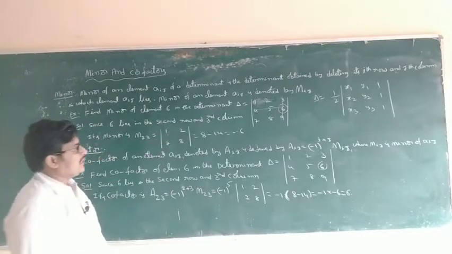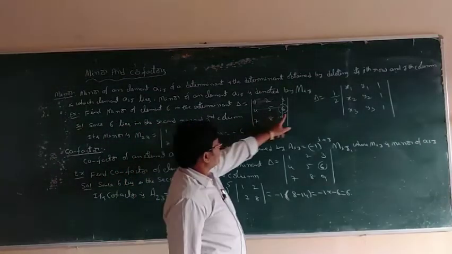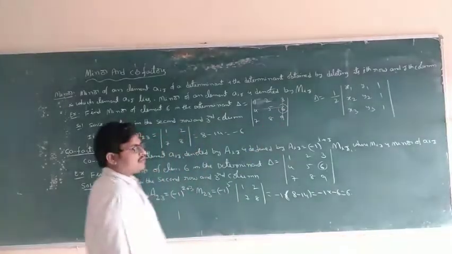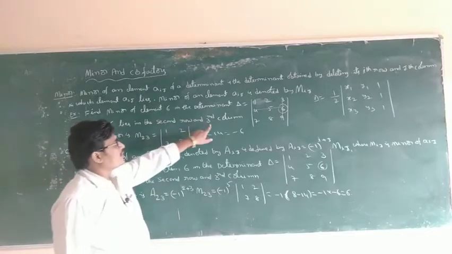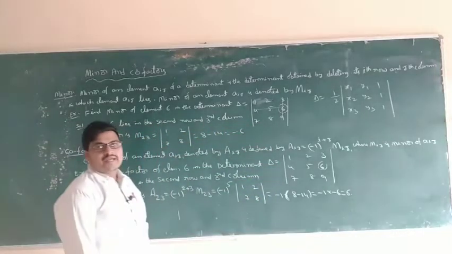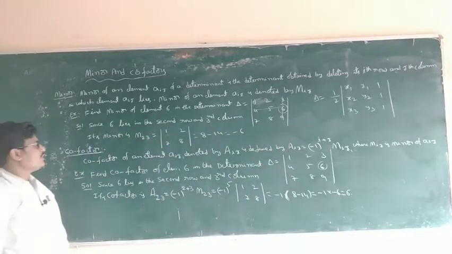Second row means i is equal to 2, third column means j is equal to 3.